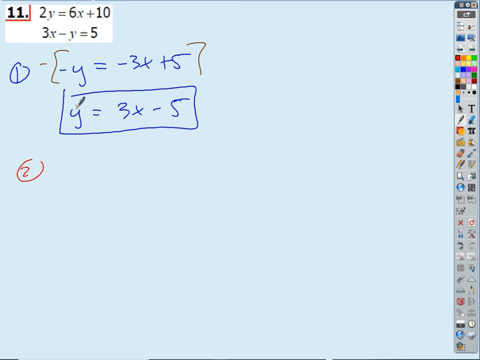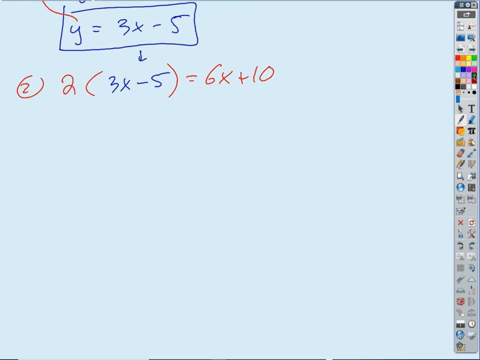Make my substitution next, right? So that's going to go into the top equation for y. So I'm going to get 2 times y equals 6x plus 10, and my y is being replaced by the substitution 3x minus 5. Okay, so now when we solve this thing, what do we get?